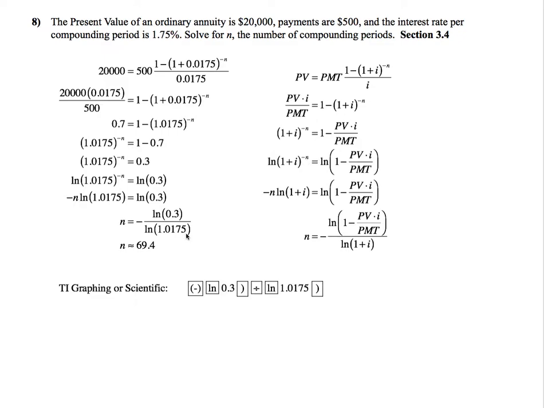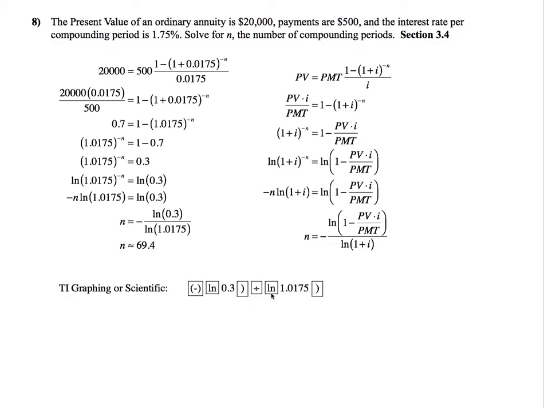And then your next keystroke here, I should point out, when you type the natural log key, it automatically opens a left parenthesis here. I didn't write it down because it's not a keystroke, but it opens up a left parenthesis for you. You type in 0.3. You need to close that set of parentheses right here before you hit the divide key.